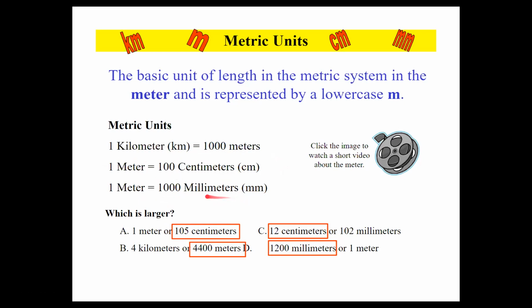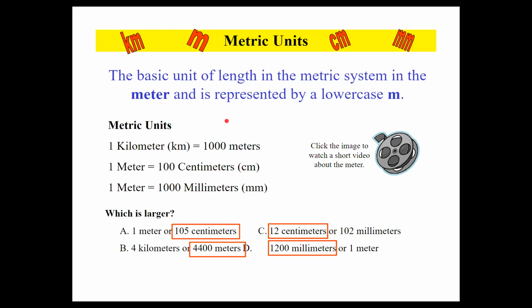So a millimeter is an extremely small measurement. A centimeter is a pretty small measurement. 1 meter is a relatively long measurement. Again, it's about a yard. And then a kilometer is 1,000 meters in total.